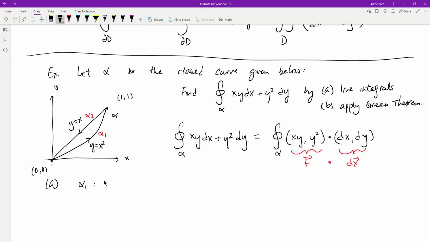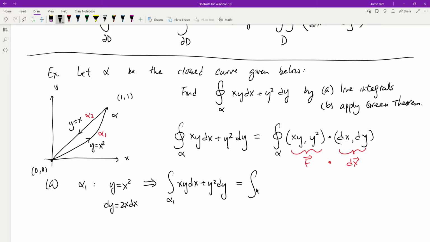Alpha 1 means that y is equal to x squared. So I don't have a closed curve integral if I'm just doing alpha 1. I'm going to have a line integral over alpha 1 of xy dx plus y squared dy, which is simply equal to the integral. Notice that if y is equal to x squared, then dy must equal 2x dx.